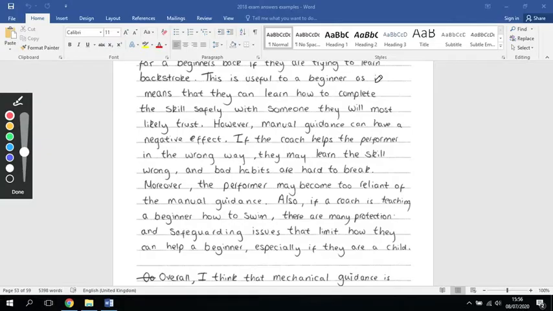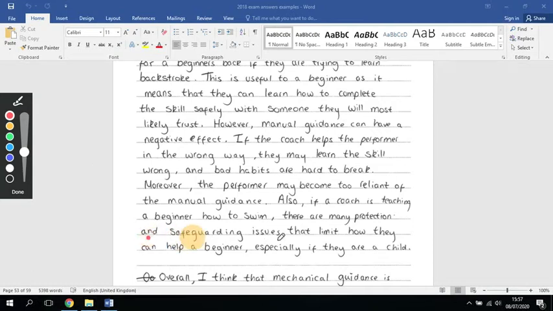Further knowledge is demonstrated with statements concerning trust and safeguarding issues, guys. So as you can see here, look at the terminology I'm starting to highlight. It's looking at bad habits. Yes, bad habits are hard to break. She's talking about the way in which you can protect the person.